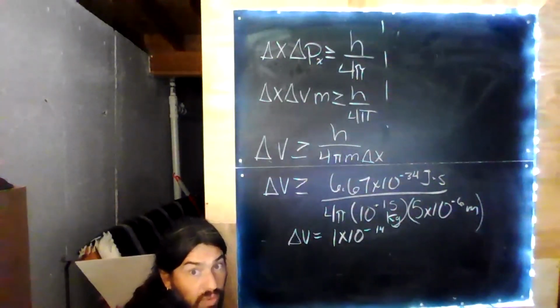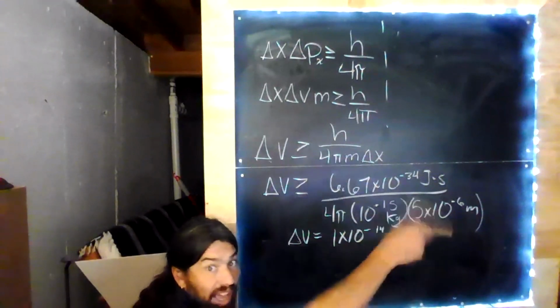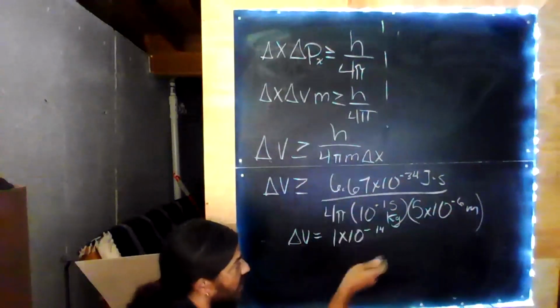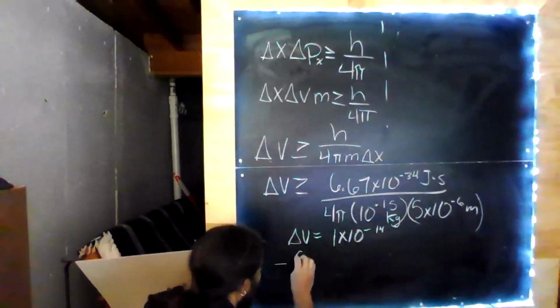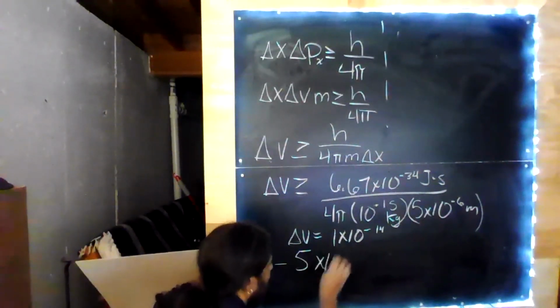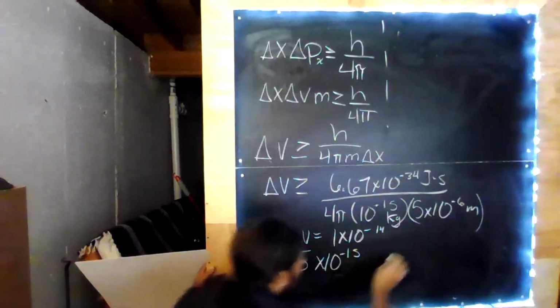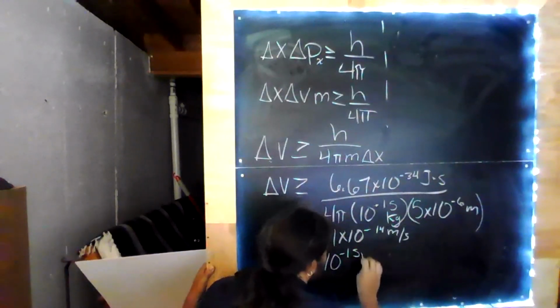Once again, like before, we don't know whether it's going that way or that way. So we're going to center this uncertainty on 0, which means that it could be anywhere from negative 5 times 10 to the negative 15th, I'm sorry, this is meters per second.